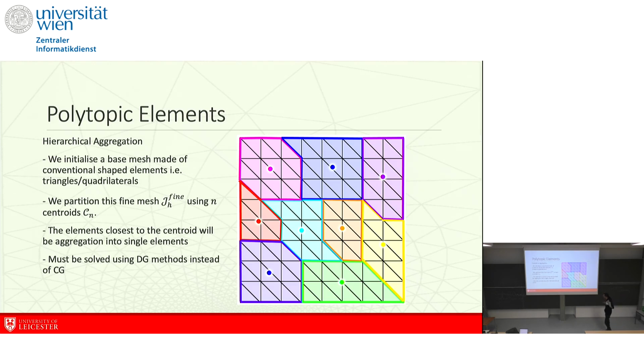What we do is aggregate all the elements near the centroids together, kind of a k-means approach. One thing to note, though, is that we cannot solve this using continuous Galerkin, since the mesh is non-conformal. You can see that we have quite a few hanging nodes in places. So to solve it, we need to use a DG method instead.